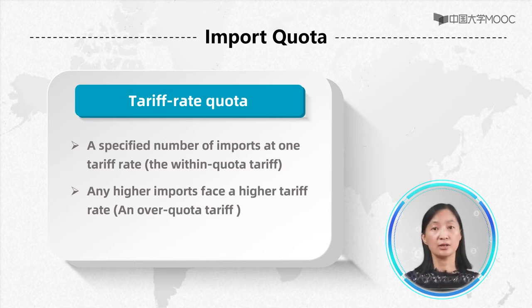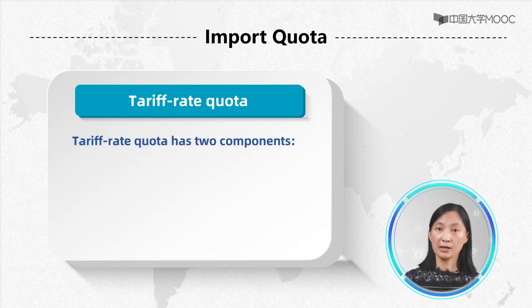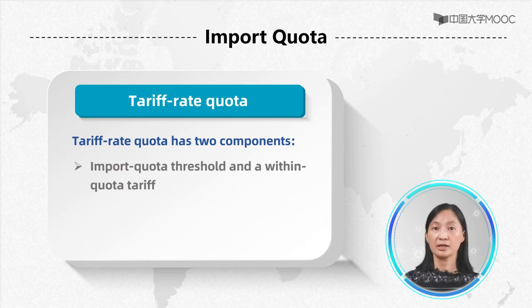Therefore, there is no absolute limitation on the amount of the product that may be imported during the quota period. A tariff rate quota has two components: a quota that defines the maximum volume of imports and charges the within-quota tariff, and an over-quota tariff.